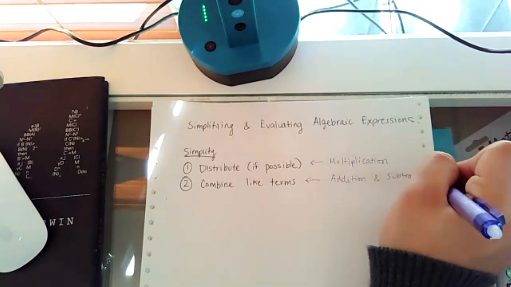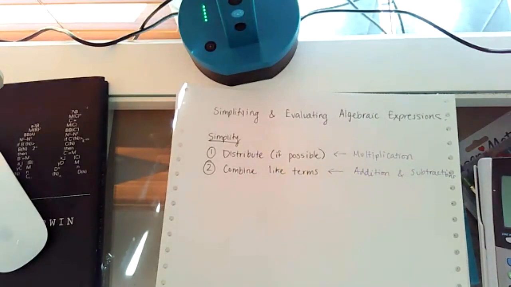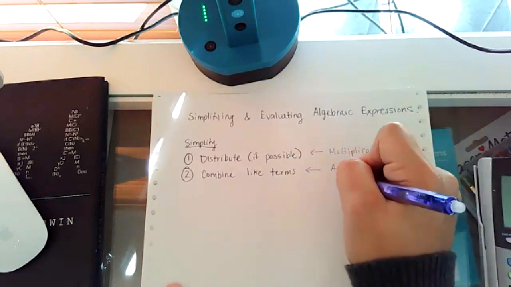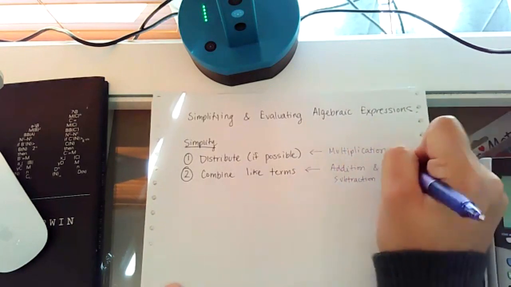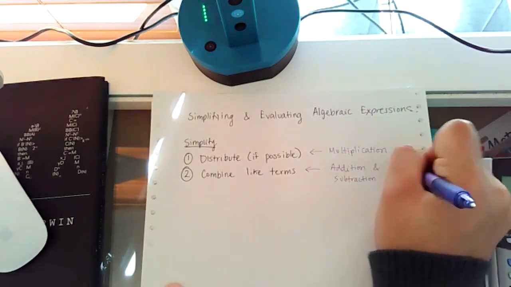It's just that we use this terminology now, distribute and combine like terms, when we're talking about expressions that have variables in them. Write subtraction down here. There we go.